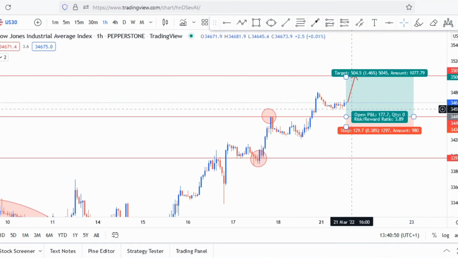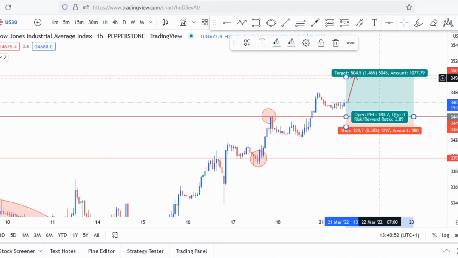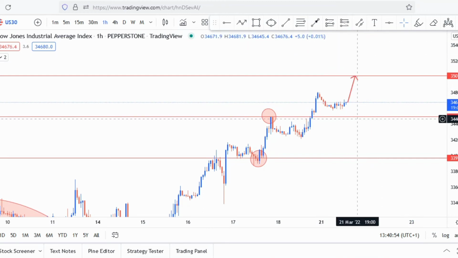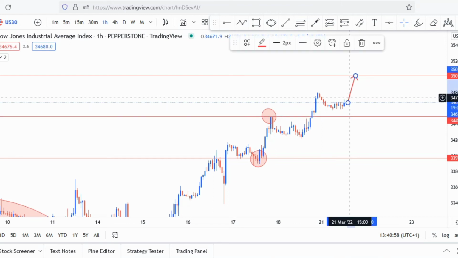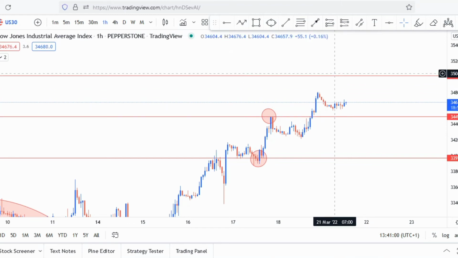So that is why I'm expecting price to get to this support area here. But if price doesn't get to that support area, I wouldn't force the trade. I wouldn't jump in. I'll just wait for price to get to the next area and see how price reacts to it and trade accordingly.